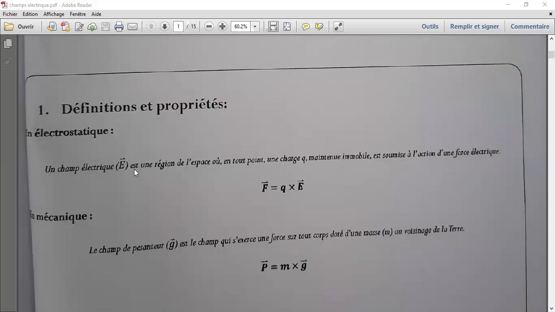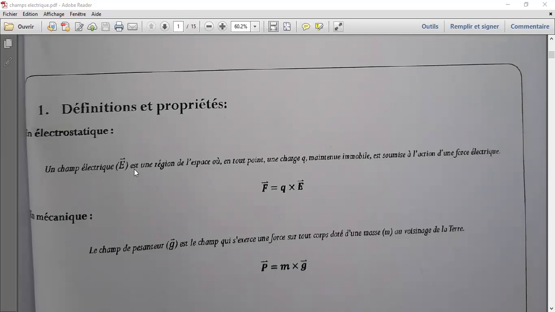It is a region of space where at every point a charge Q is maintained, like the charge Q which is not moving, and is put under the action of an electric force. So they're just saying that it's a region where one charged particle is put under force.